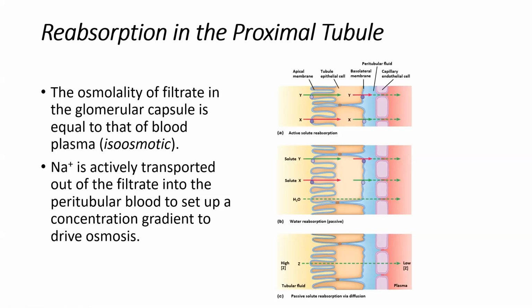So because we're actively transporting sodium out of the filtrate and into the peritubular blood, we then move water along because we've got more sodium here, less sodium here, meaning we've got higher water concentration here, a lower water concentration here, and then water can freely move according to its gradient.